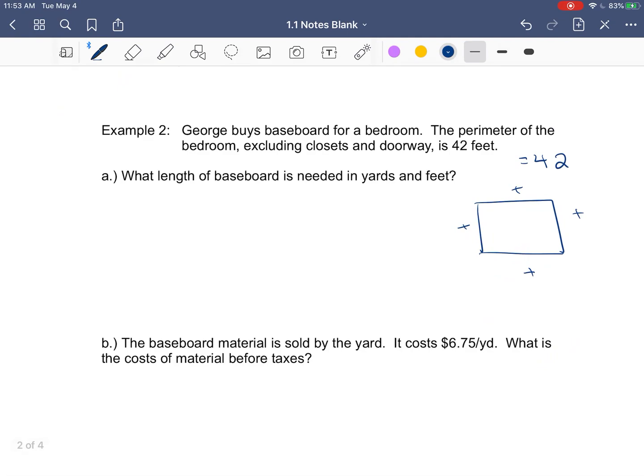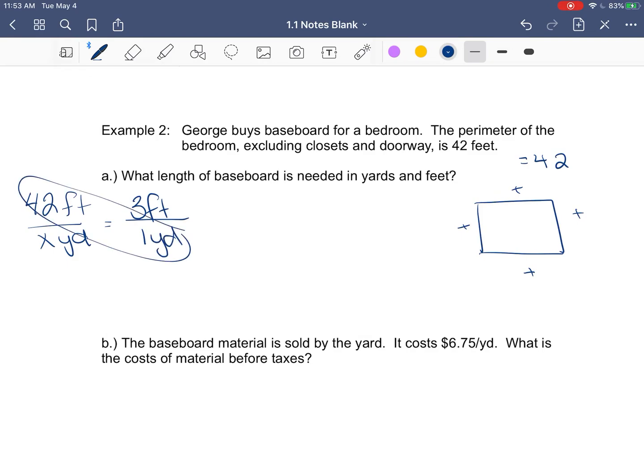Okay, so he has 42 feet. We want to put that into our bigger unit first. So that's going to be how many yards? There are 3 feet in 1 yard. Multiply the pair, divide by the spare.